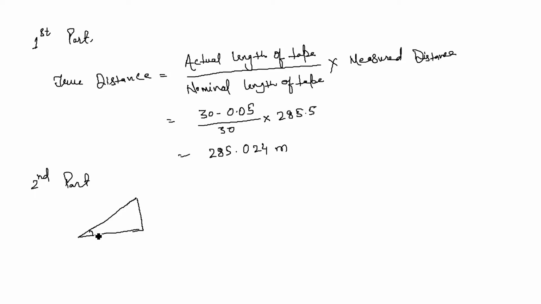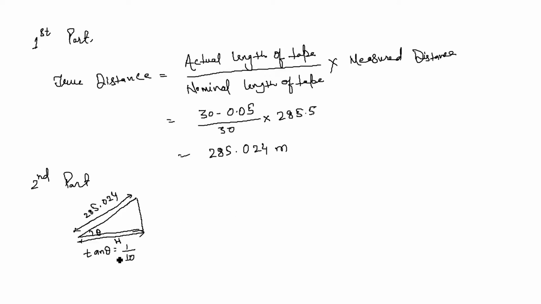So if this is theta, the slope is given as tan theta is given in this question 1 by 10. And we have measured this line, and this line is 285.024. Now we need to calculate this horizontal distance. Suppose this is h, horizontal distance.